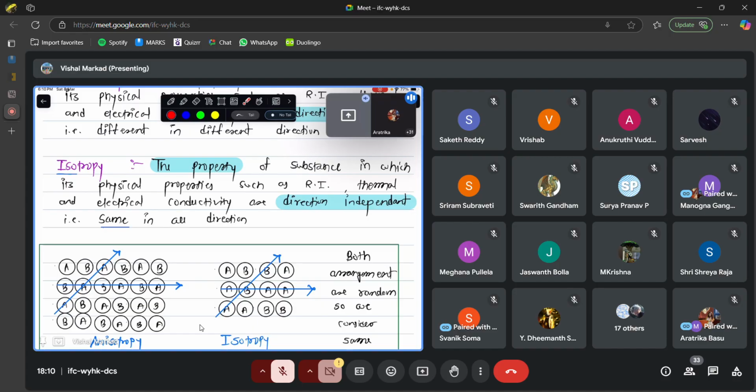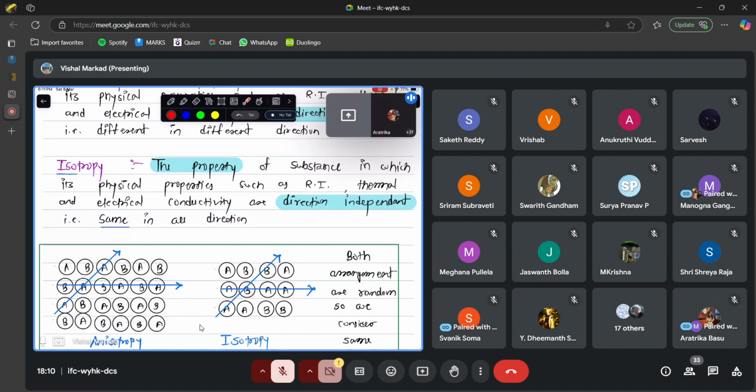Now if I go in this way, look at it. What I have is A. So for the entire line, property will remain the same. But for this line and for this line, will it be the same? No, sir.